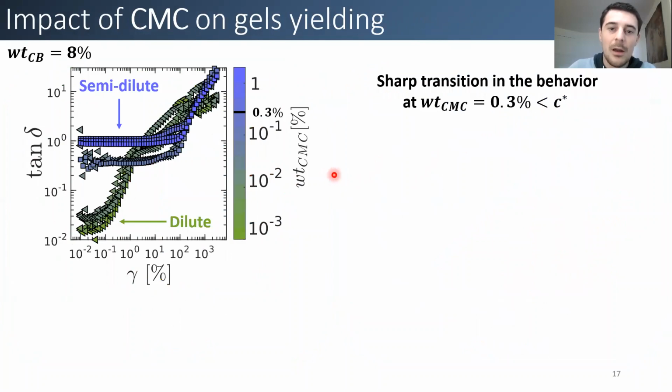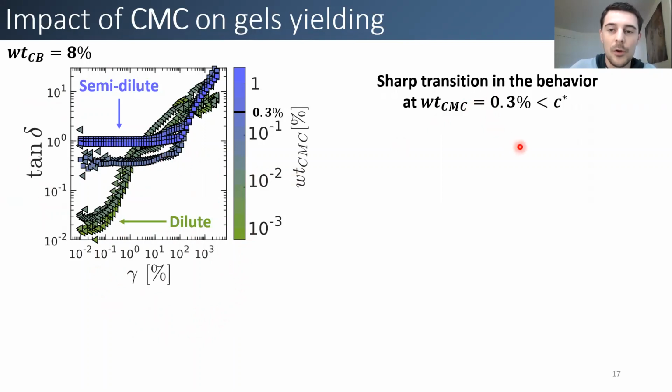So we can have a look at this behavior more systematically as a function of the CMC for a fixed CB concentration. And once again, you observe that there is a very sharp transition between the dilute regime and the semi-dilute regime when we observe the loss factor as a function of the strain.